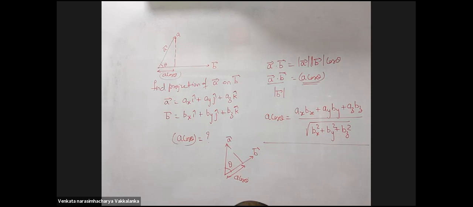Sir, have a doubt. Bolo. Sir, can we calculate A cos theta like root over of AX square plus AY square plus AZ square into cos theta? What is that?